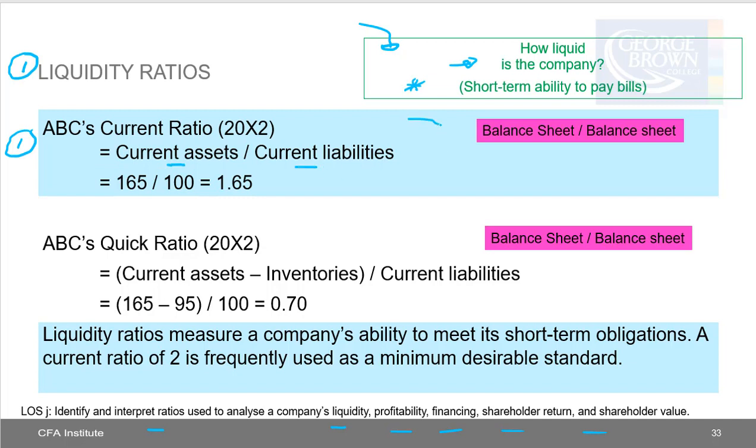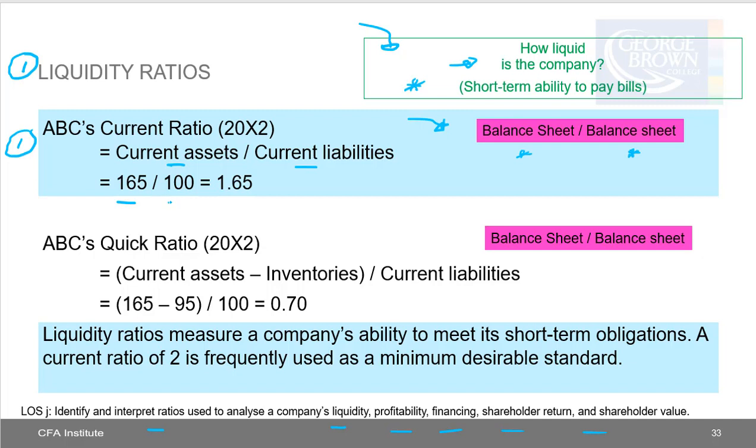So one of the things that I put here in bold color is that when you're looking at different ratios, you want to know where is the information coming from. So you can see the numerator, current assets, is from the balance sheet, and the current liabilities is also from the balance sheet. So with regards to ABC Company, the current assets for 20X2 was 165.